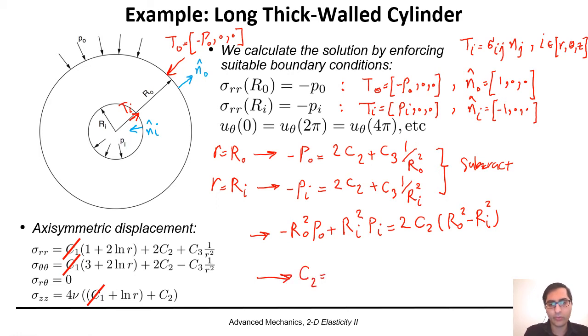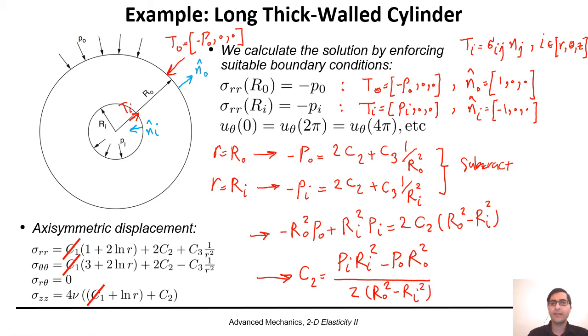C2 is equal to PI RI square minus PO RO square divided by 2 times RO square minus RI square. That's C2. We can substitute C2 in one of the equations above and solve for C3.